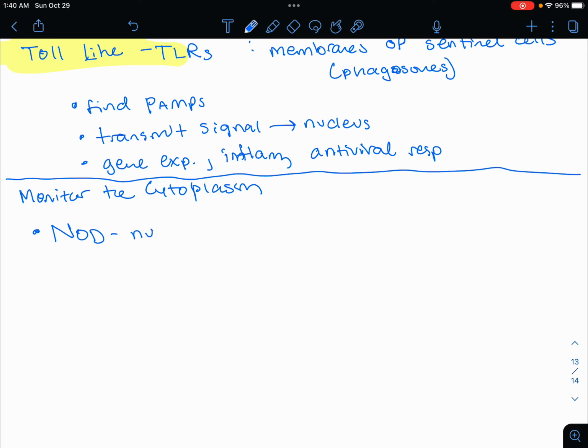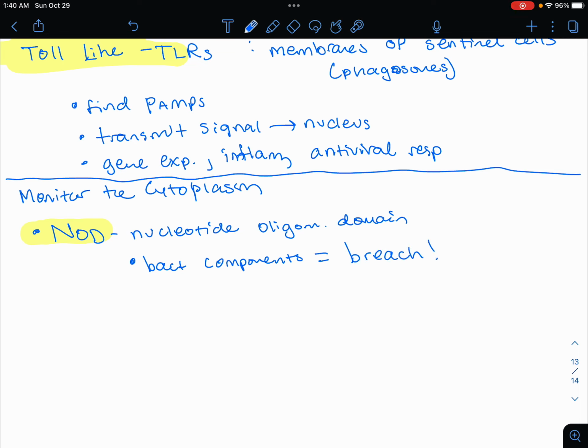So nucleotide binding oligomerization domain. That's all I'm going to write for that part there. NOD-like receptors are going to find bacterial components that mean a breach has happened. Red alert, you know? They're inside.